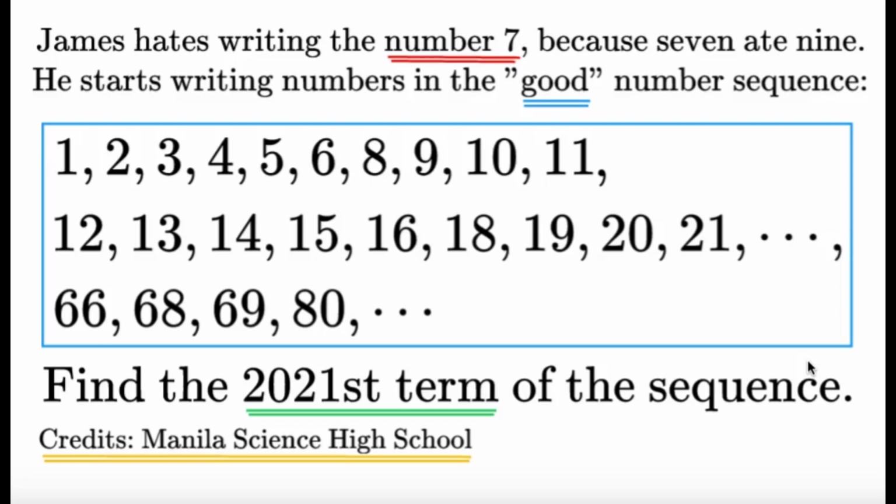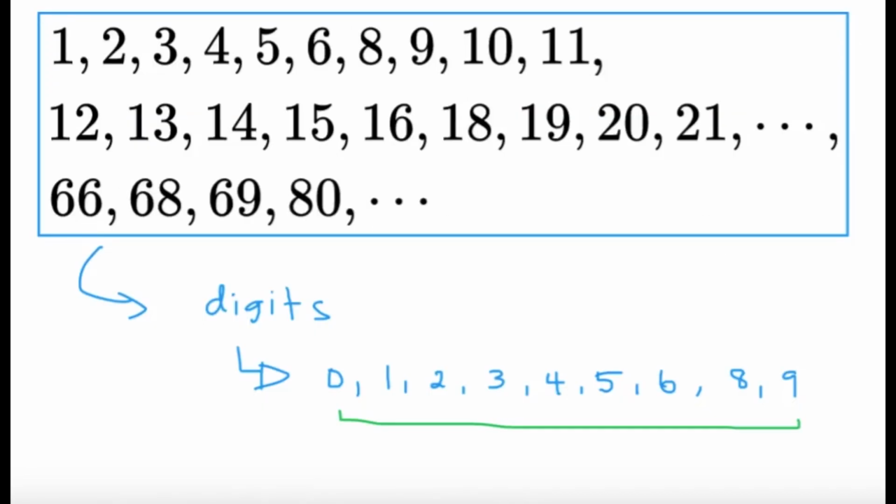Let's take a look at the sequence. Technically we're only using the following digits: 0, 1, 2, 3, 4, 5, 6, 8, and 9, just because James will not use the number 7 when writing down the numbers.